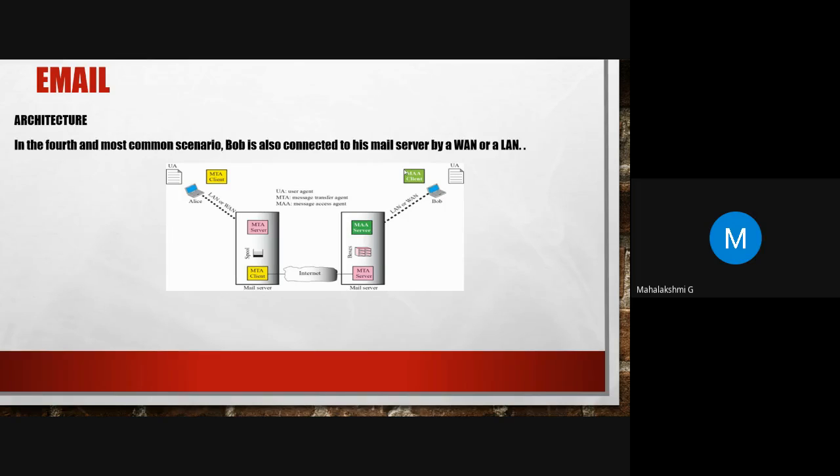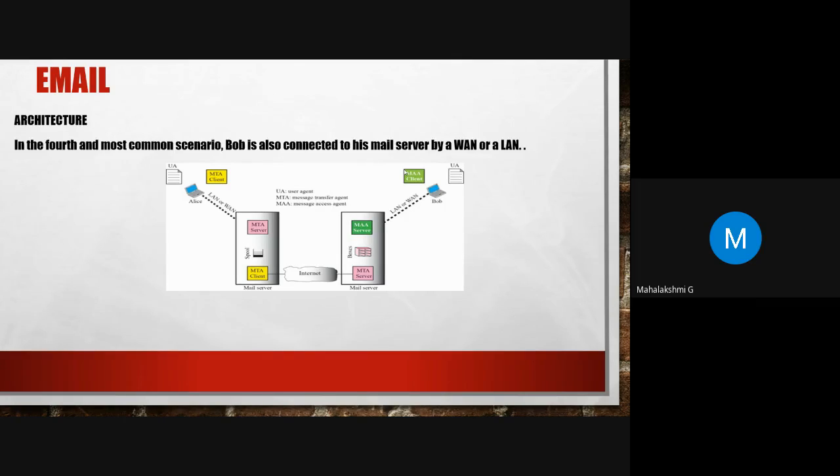Here we have to note two important points. First, Bob cannot bypass the mail server and use the MTA server directly. To use an MTA server, Bob would need to run the MTA server all the time because he does not know when a message will arrive.